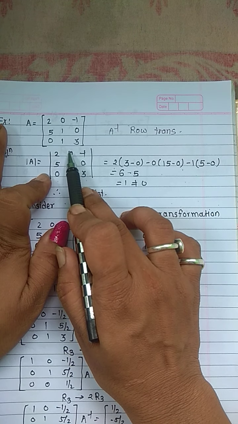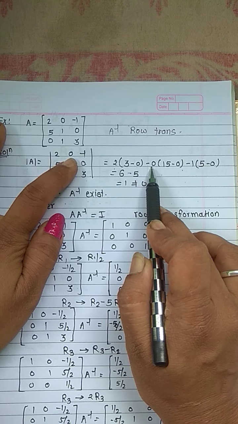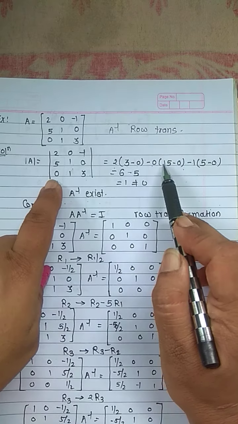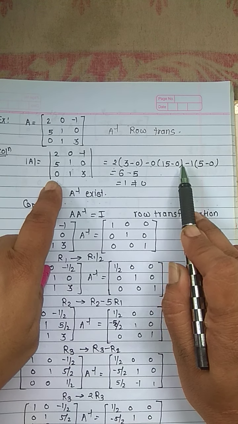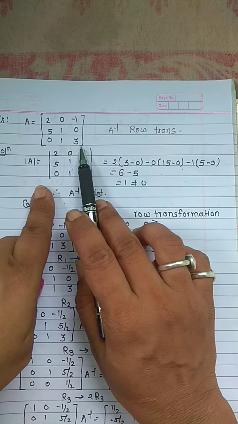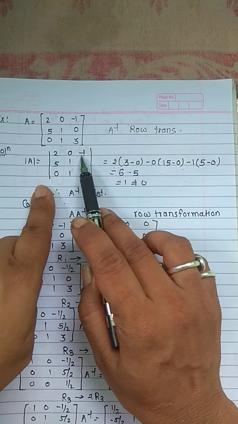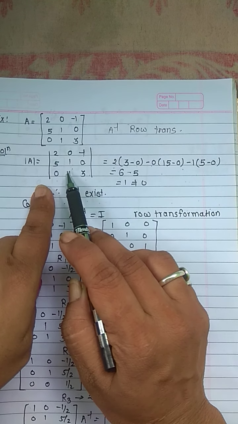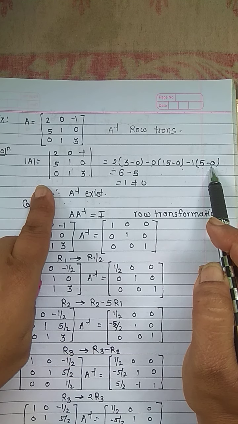Delete the first row and second column elements. The intersecting element is 0. And 5 into 3 is 15 minus 0 into 0 is 0. Next, first row and third column deleted. The intersecting element is minus 1. And in bracket 5 into 1 is 5 minus 0 into 1 is 0.